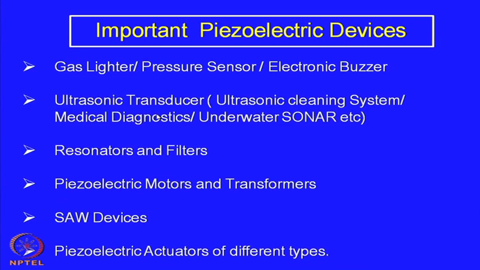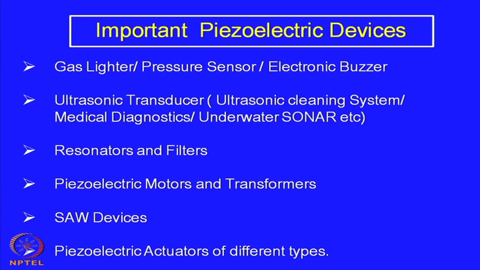Well, with this background, we come to some of the important piezoelectric devices, that means the applications of piezoelectric material. Well, some of them we have encountered in our daily life.